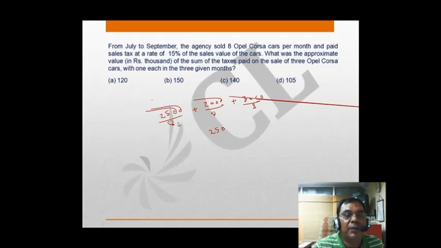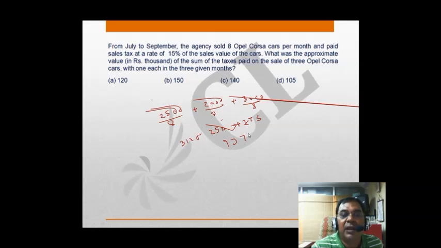Here 2500 upon 8, so 312.5, and here 3000 upon 8 will be equal to 375. So the total makes it 625. Okay, the total becomes 625.